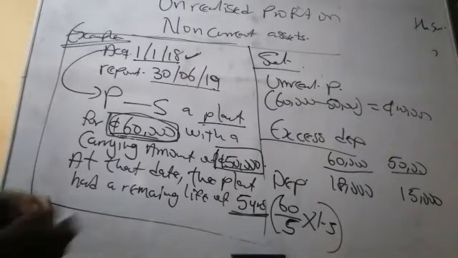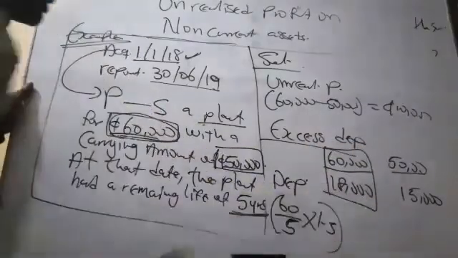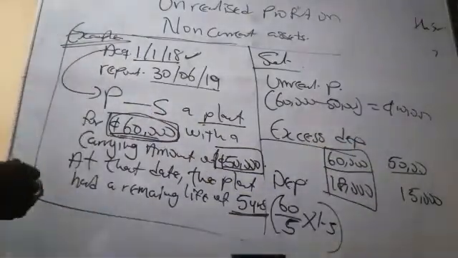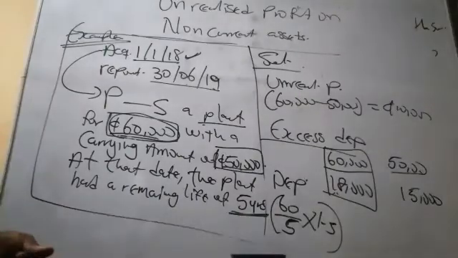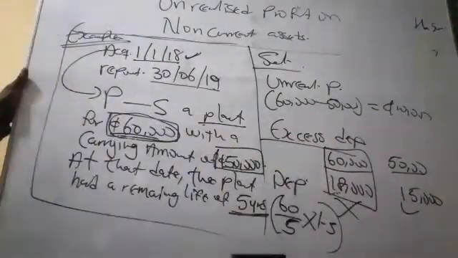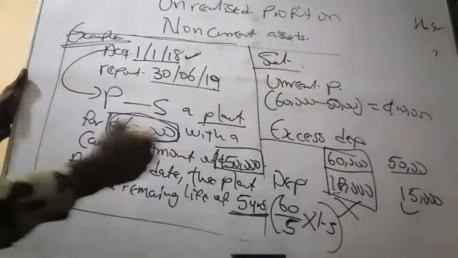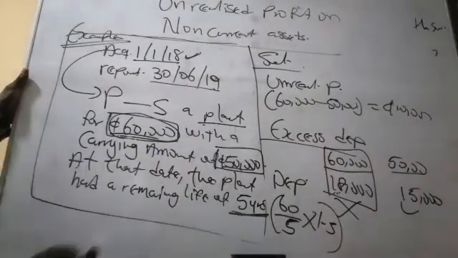That means because the asset was sold at this price, the subsidiary will record depreciation of 18,000 instead of the 15,000. So the depreciation is in excess by 3,000, the difference. This is what they've recorded, which is wrong, but this is the right figure. That means the depreciation that they charged is more by 3,000. So what do you do? You reverse it by 3,000.